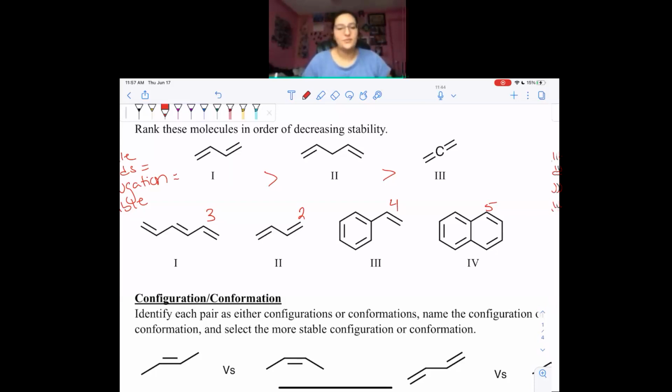You said that because of the number of double bonds, the most stable is number 4 because it has 5 double bonds. Then we have number 3, then number 1, and then number 2. I absolutely agree with your order.